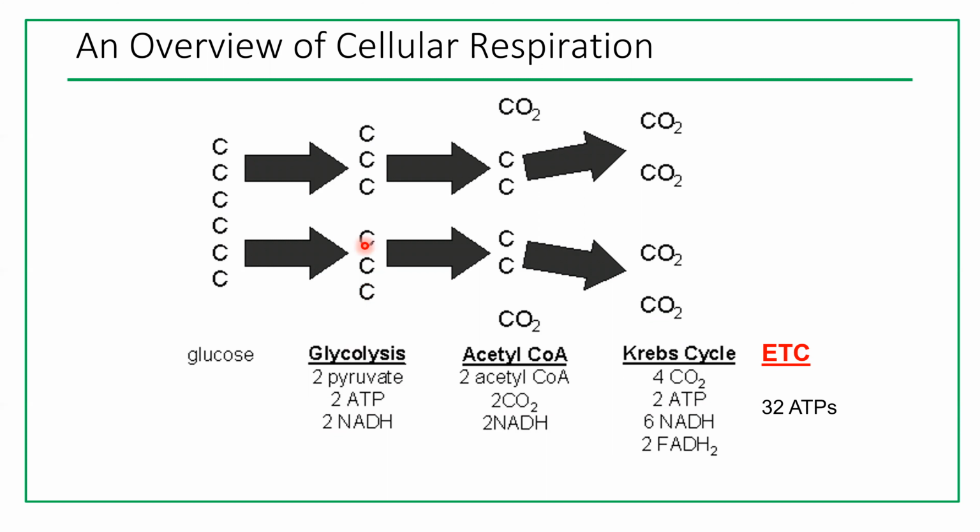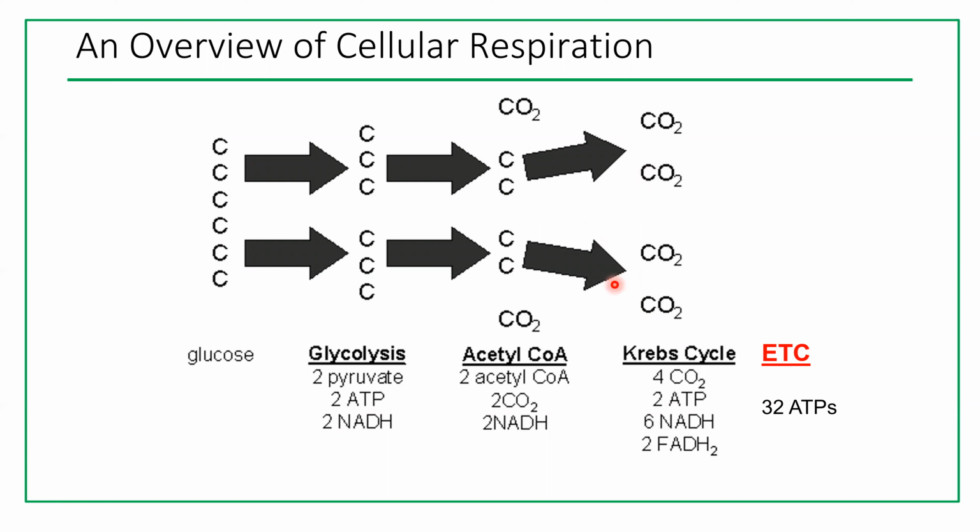Then pyruvate is converted into another chemical, a 2 carbon molecule called acetyl-CoA, combined with an enzyme. Acetyl-CoA goes through a series of chemical reactions. Finally, all the chemical bonds between carbon atoms are broken, so we have carbon dioxide.